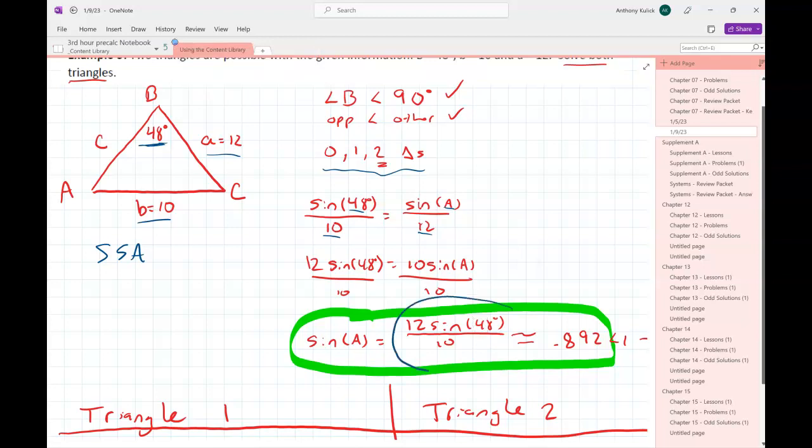And this number here is going to tell me whether I have 0, 1, or 2 triangles. If that number is greater than 1, 0 triangles. If it's equal to 1, there's 1 triangle. If it's less than 1, we get 2 triangles. Everybody's okay with that?